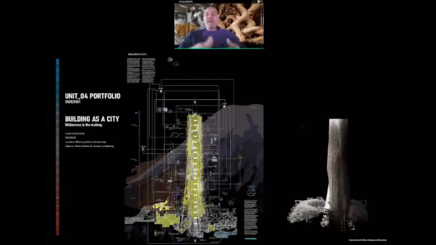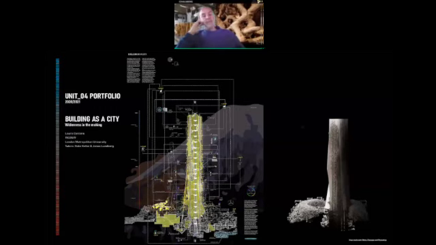So in this case, we're imagining working on buildings in timber or composite uses of timber on buildings that approach twice the height of Frank Lloyd Wright's Mile High City.